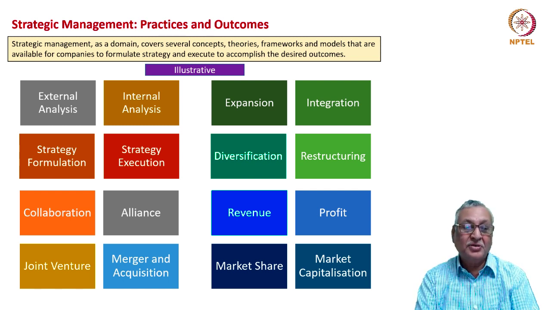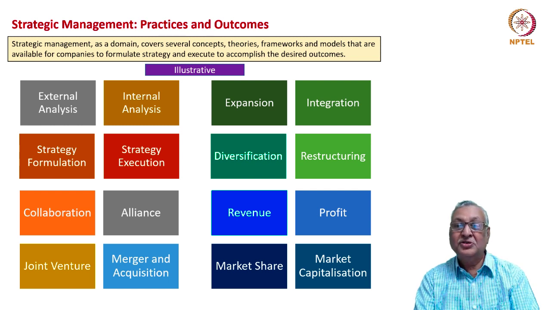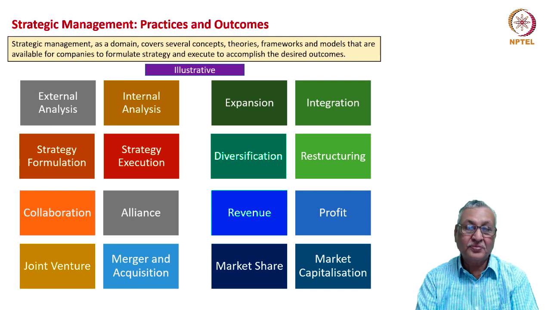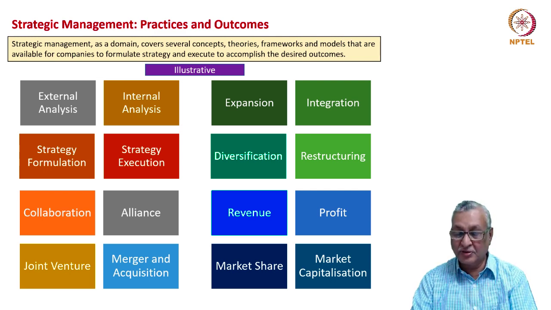We can have collaboration, alliance, joint venture, merger and acquisition between two parties, the firm and the partner. But all of this has 4 objectives: revenue increase, profit increase, market share increase, and market capitalization growth. This is the overall gamut of strategic management in terms of practices and outcomes.